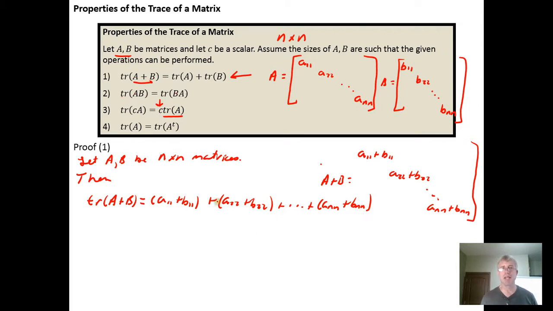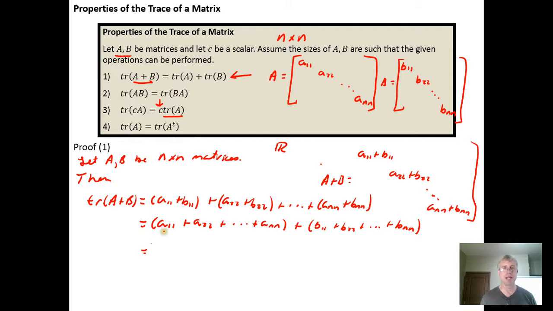And then we want to remember that the little a's and little b's are just real numbers. They live on the real number line, and real number addition is both commutative and associative, which means we can regroup these real numbers so that the a's are grouped together: a11 plus a22 plus and so on plus a_nn, plus now we can group the b's: b11 plus b22 plus and so on plus b_nn.